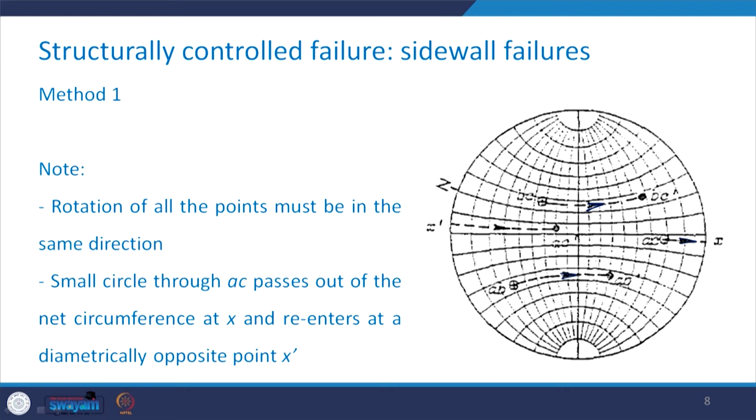Now, this small circle which is passing through this point AC goes out of the net circumference at this point x and it re-enters at this point x prime, which is diametrically opposite to x.